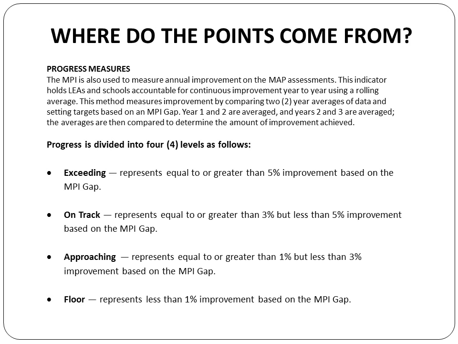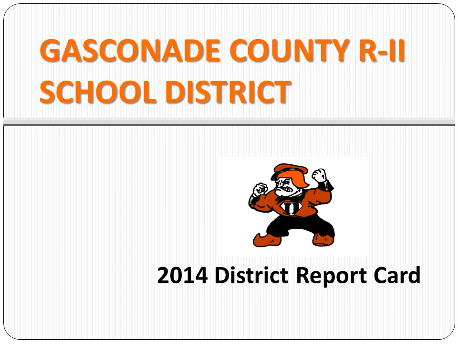We're going to talk about that in detail as well. The 4 levels in progress are exceeding, which is the top, on track, approaching, and floor. We at GCR2 are going to focus on approaching because it represents an equal to or greater than 1% increase of the MPI gap. So let's look at our district report card.